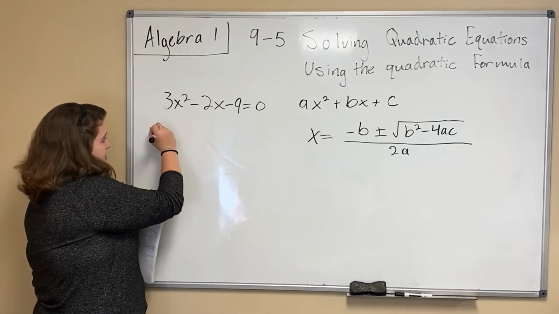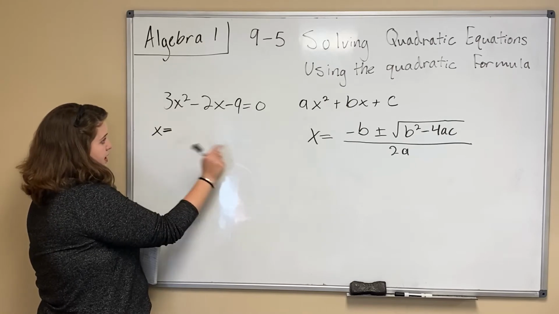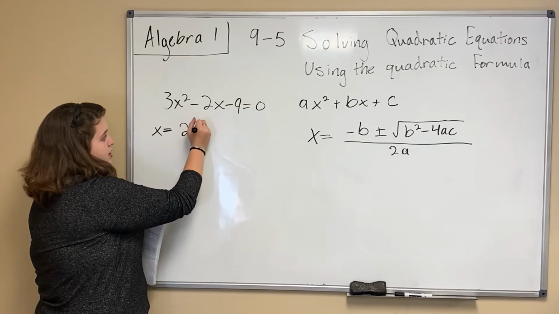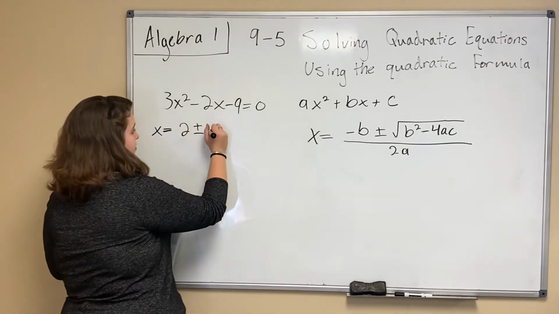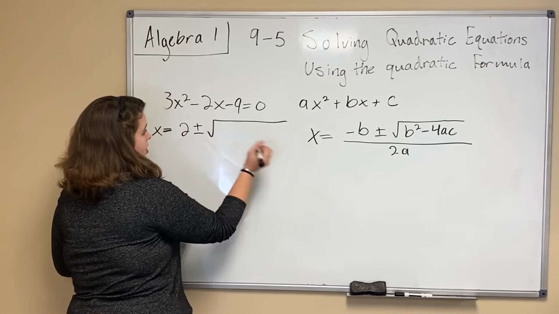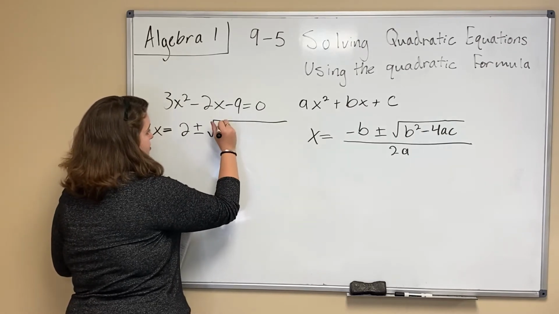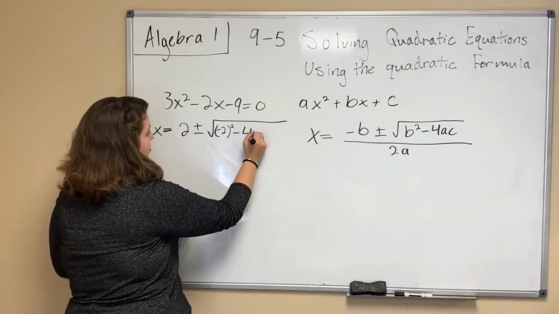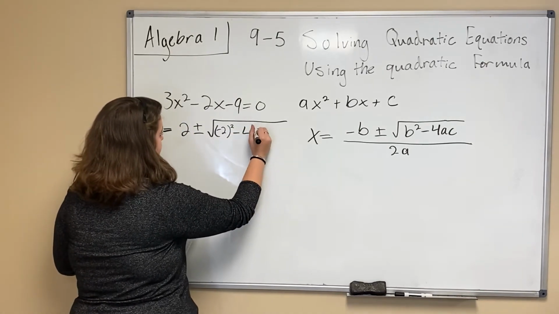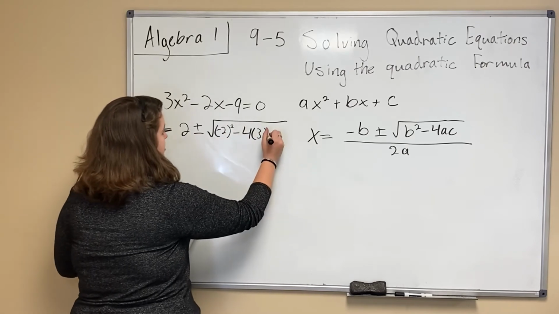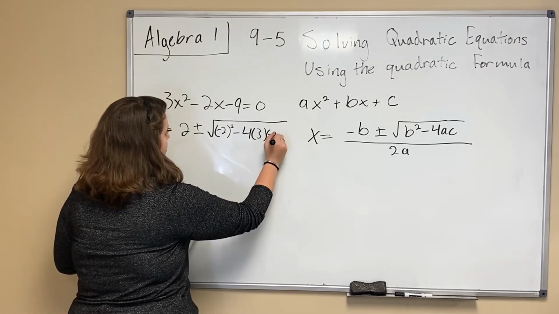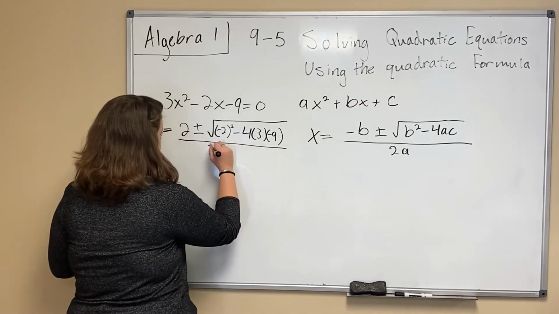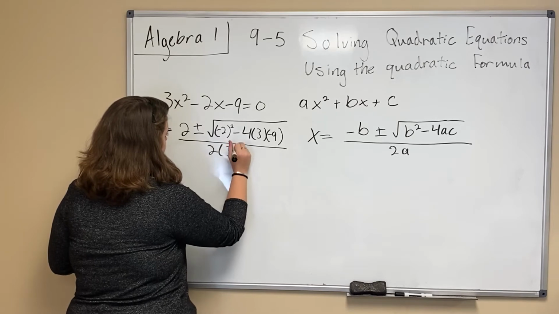So I'm going to go x equals negative b, so negative negative 2, which is just 2, plus or minus the square root of b squared, so negative 2 squared, minus 4 times a, which is 3, times negative 9, which is my c. All of that over 2 times a, which is 3.